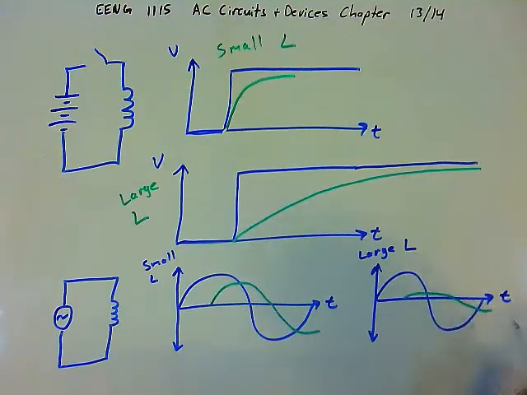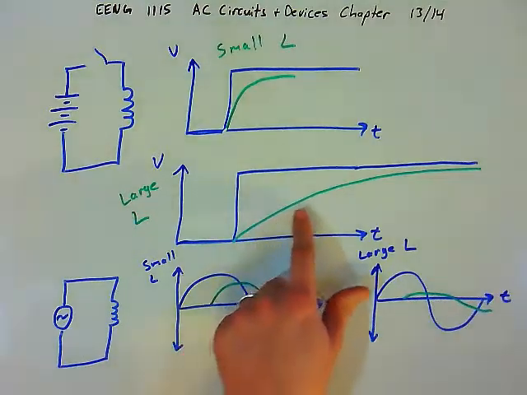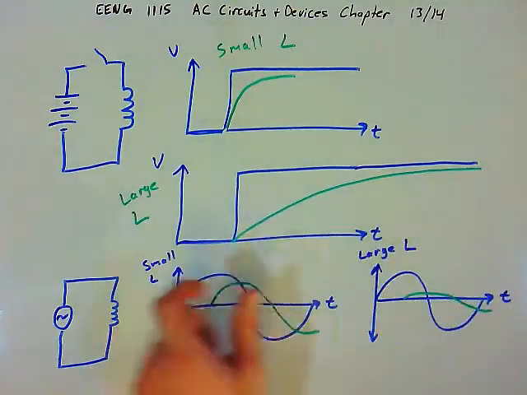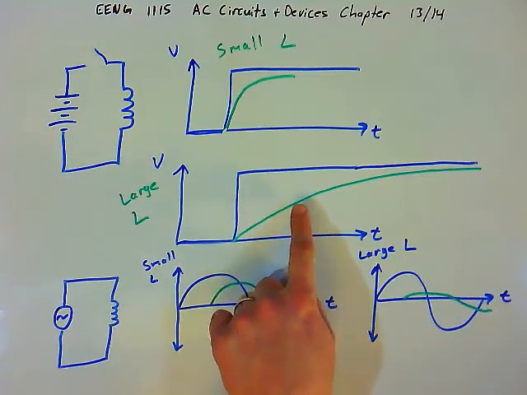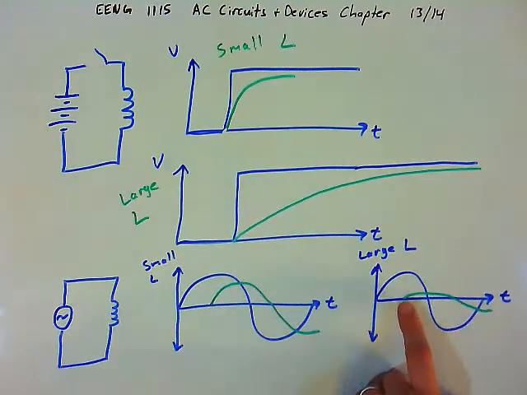It takes a long time for the current to change. So when the inductance is small, the current rises relatively rapidly in an AC circuit. And when the inductance is large, it takes a long time for the current to rise, right? After a significant amount of time, we only saw a small rise in the current here. In an AC circuit, we're only going to see a very small rise in the current.